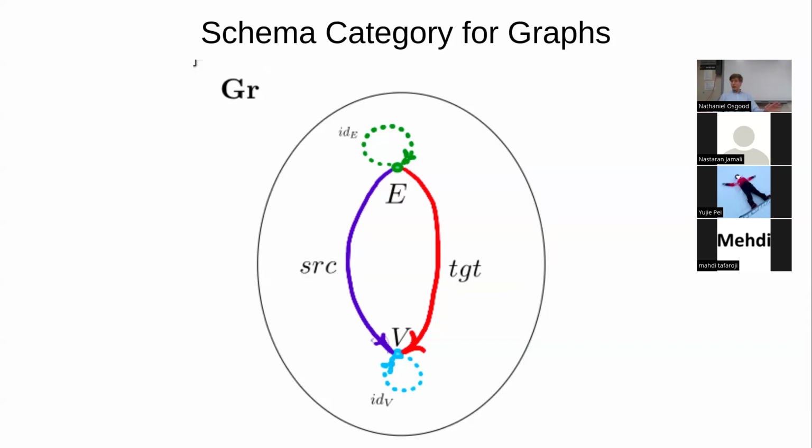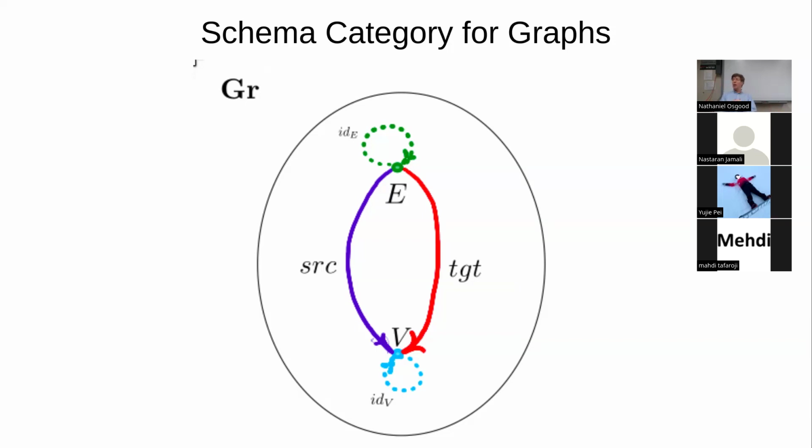That's going to be our focus. That's really at the heart of presheaves, right? So we're going to have a schema category, and it's going to have objects and morphisms.